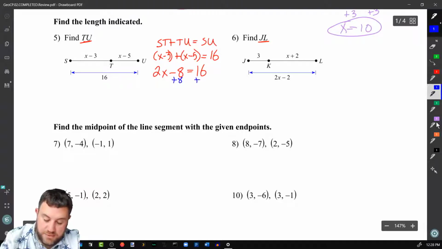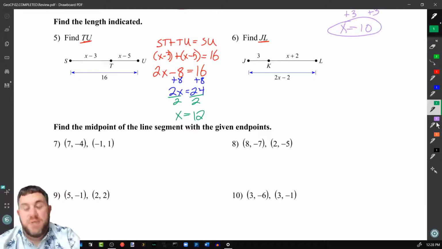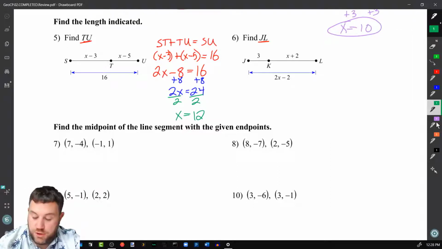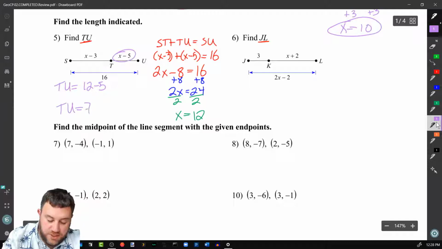We'll add 8 to both sides, so we get 2X equals 24. Divide both sides by 2, so X equals 12. But that's not where we stop because we have to find TU. So TU is X minus 5, so we'll do 12 minus 5. So TU is 7.